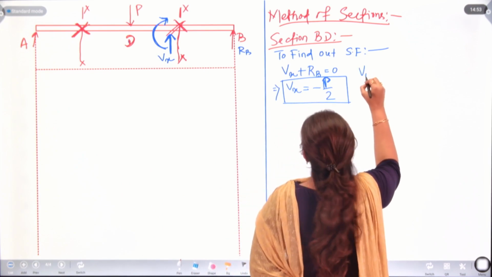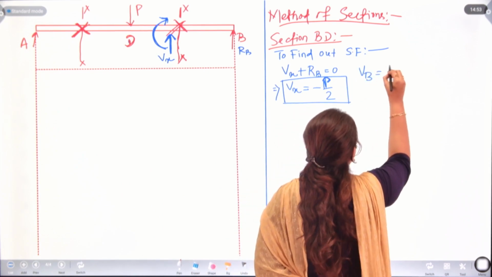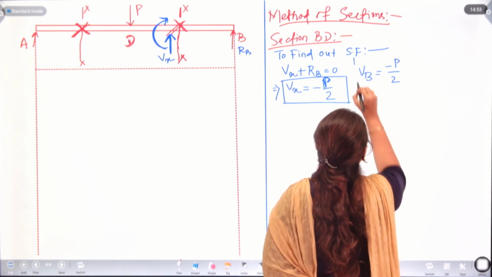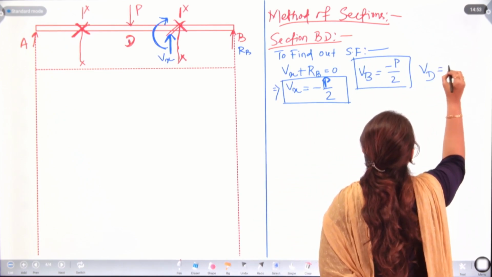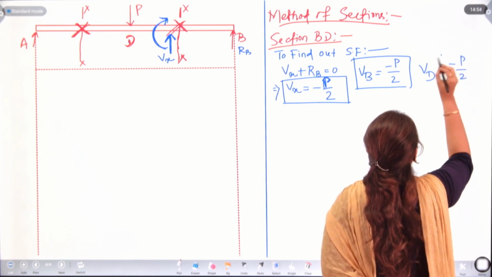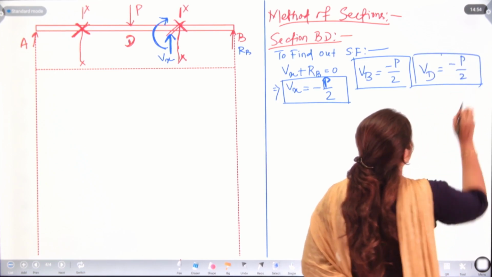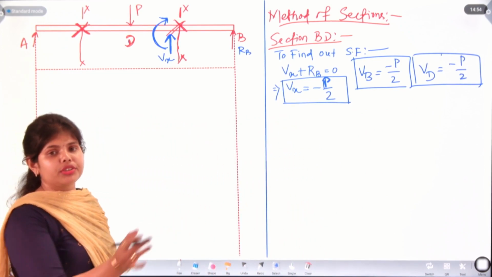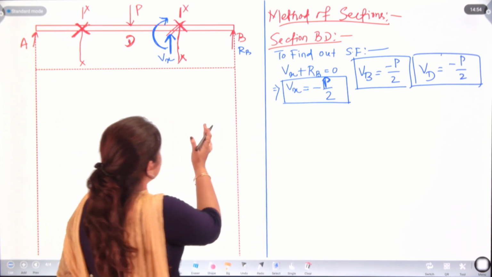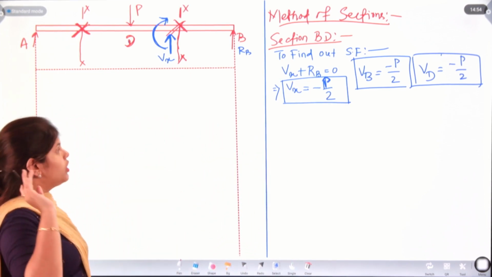So, VB will be minus P by 2 and VD will also be minus P by 2. VB and VD are nothing but the shear force at section B and shear force at section D.